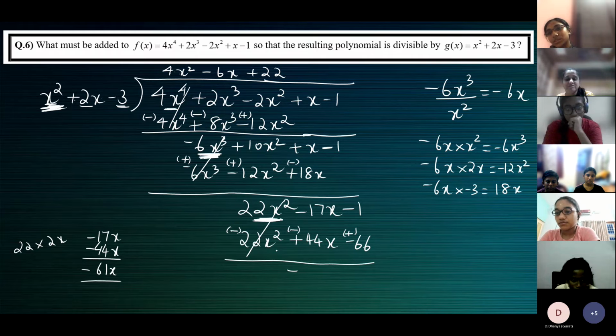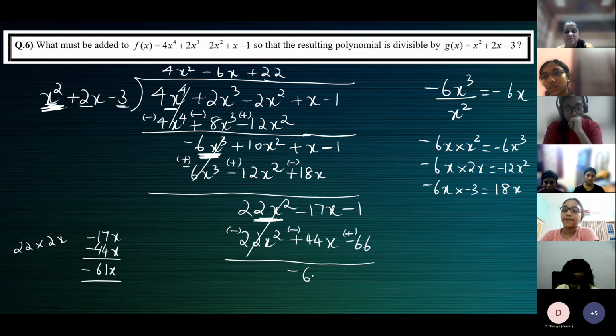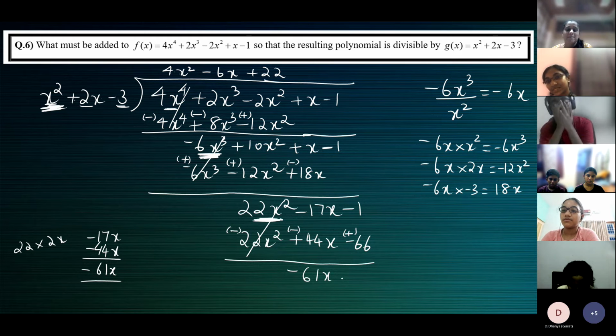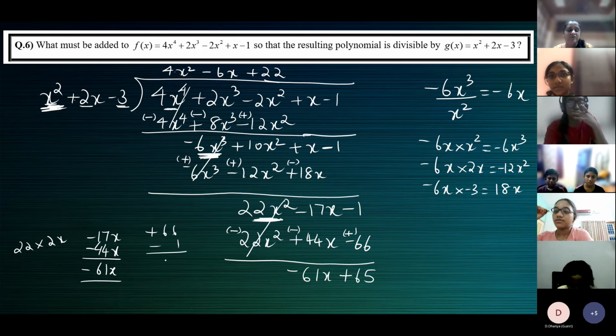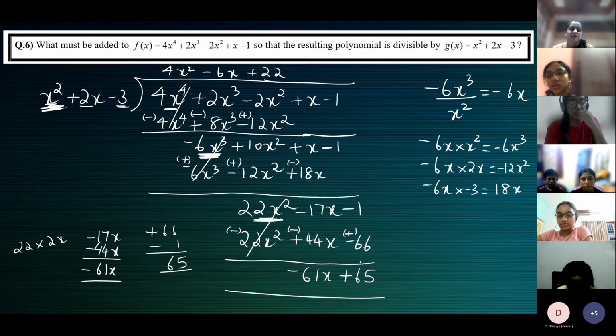Same signs, add and put the same sign. Then plus 65, because it is plus 66 minus 1. Different signs, subtract and put the sign of the greater number. So 65.